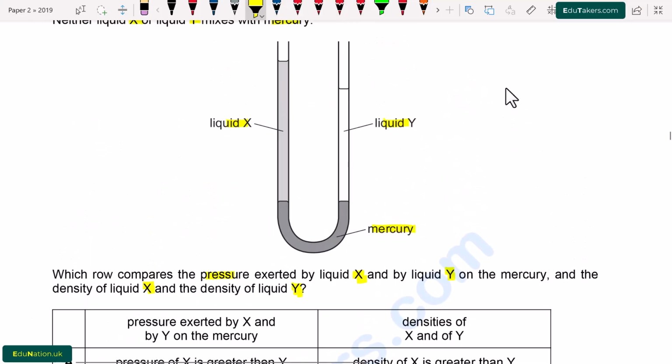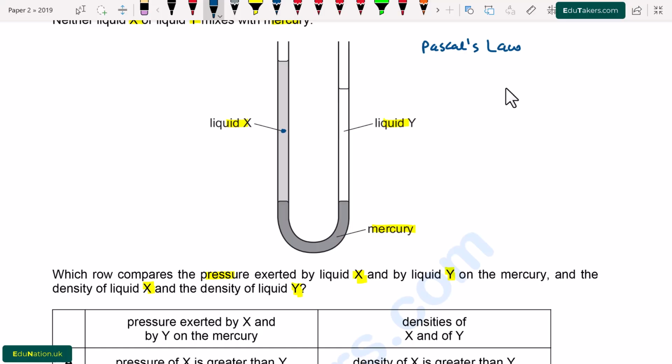First of all, according to Pascal's law, the pressure of a liquid at all the points on the same plane is equal. It means that the pressure at point X and at point Y must be equal.